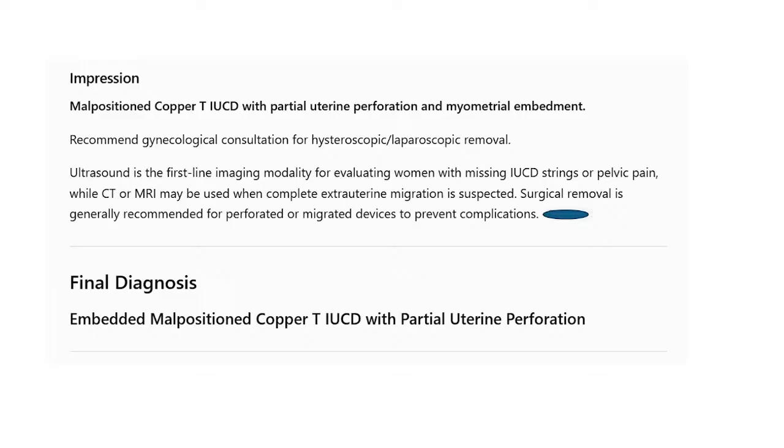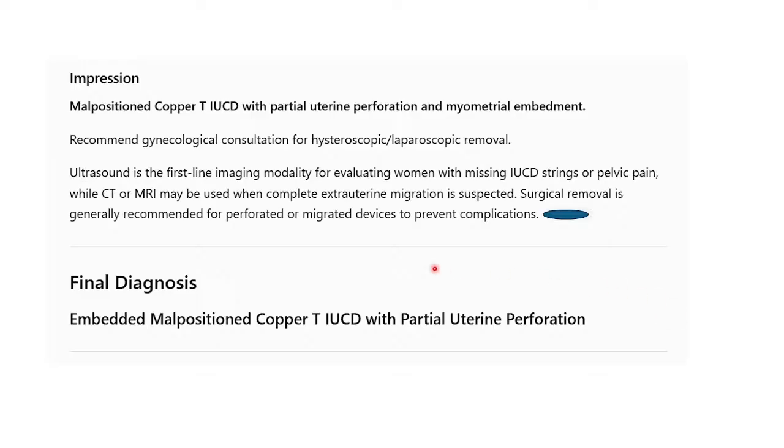Surgical removal is generally recommended for perforated or migrated devices to prevent complications. So in a nutshell, this is what you recommend in your ultrasound report when you see that the IUCD is malpositioned. The final diagnosis of this case is an embedded malpositioned IUCD with partial uterine perforation.